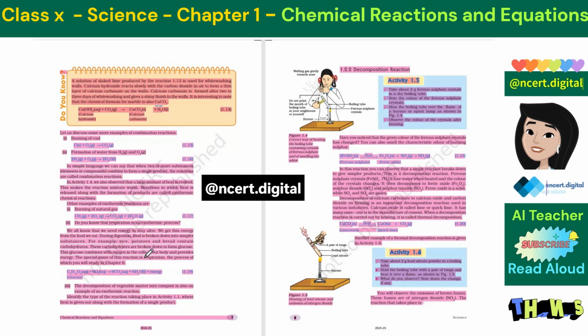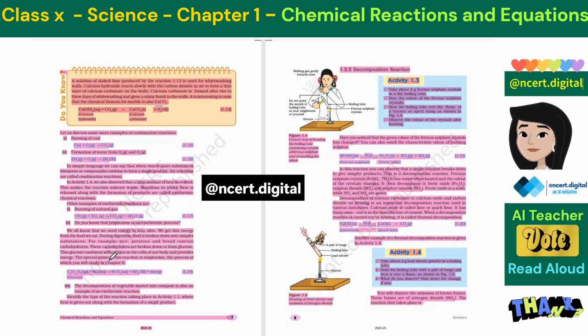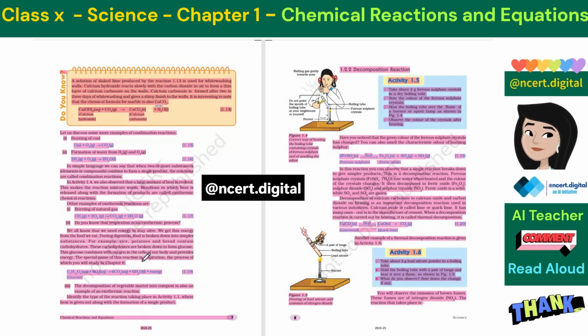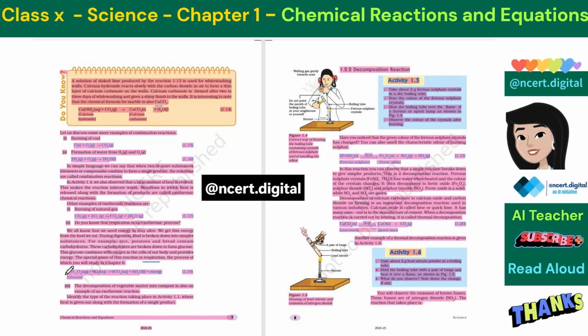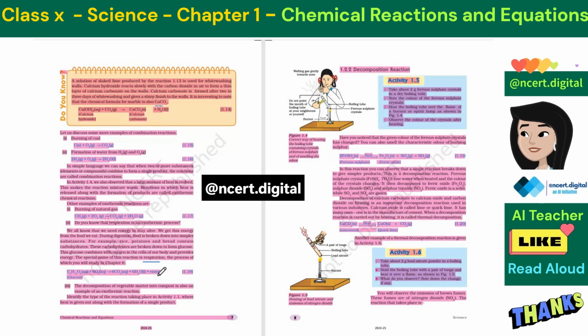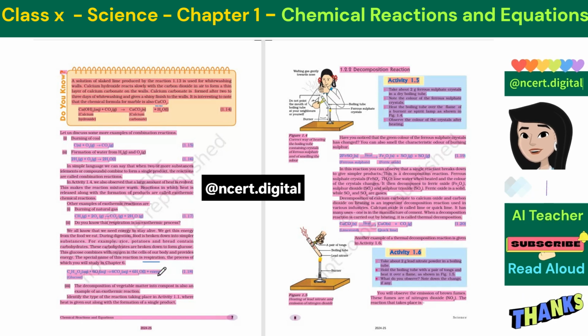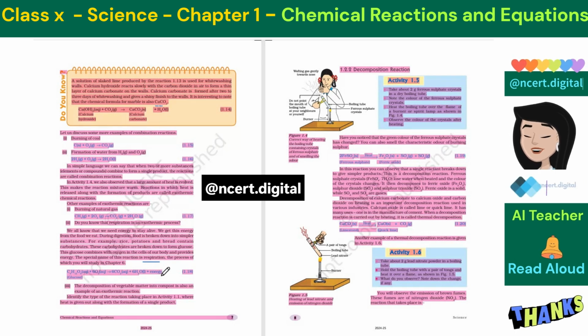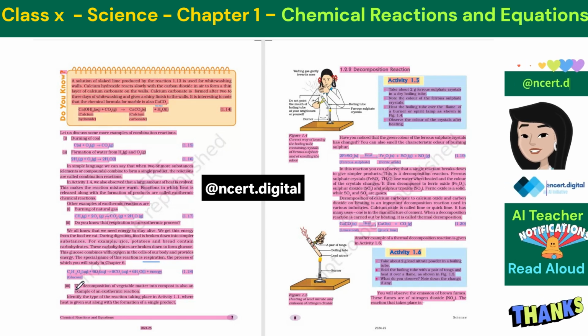This glucose combines with oxygen in the cells of our body and provides energy. The special name of this reaction is respiration, the process of which you will study in Chapter 6. C6H12O6(aq) + 6O2(aq) → 6CO2(aq) + 6H2O(l) + energy.